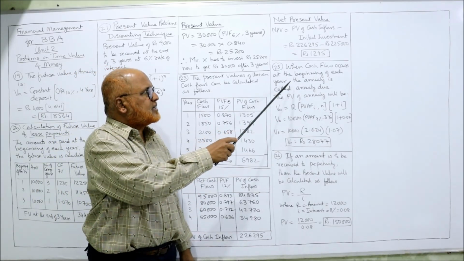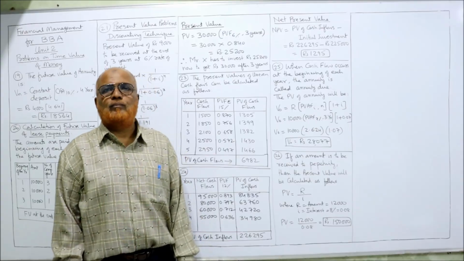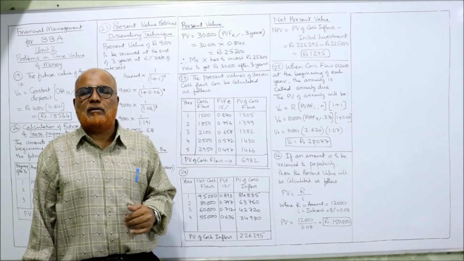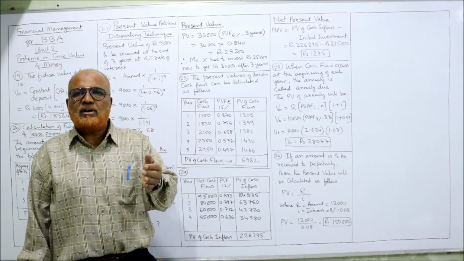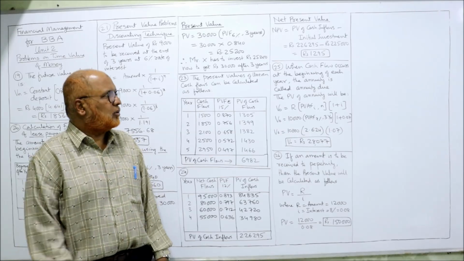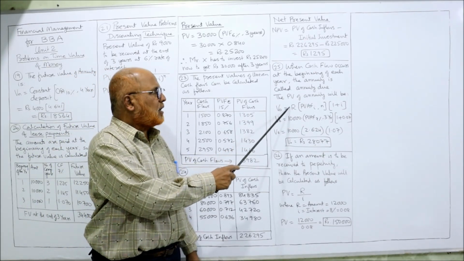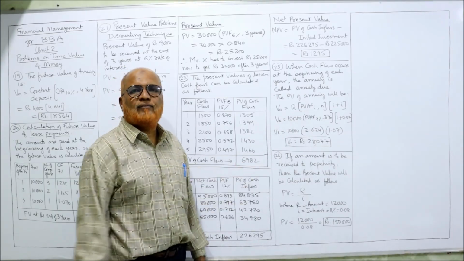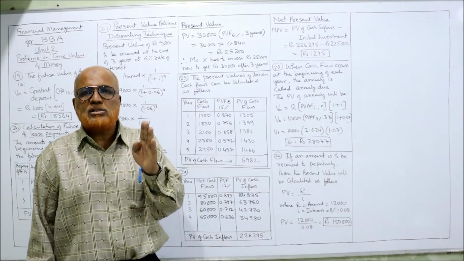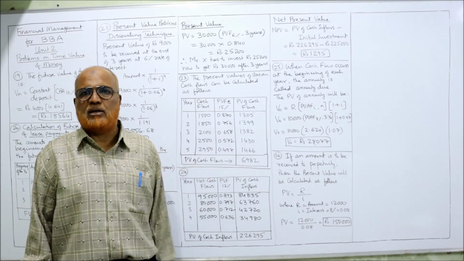When cash flow occurs at the beginning of each year, the annuity is called annuity due. Normally, it is received at the end of the year. But if the amount is received at the beginning of the year, it is called annuity due. And the PV of annuity will be V0 is equal to R into PVAF. A stands for annuity because the constant amount we are getting, 10,000, 10,000, 10,000.